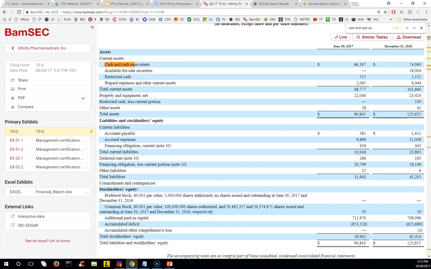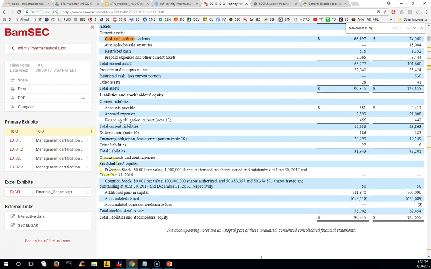And I also look at stockholders' equity. The reason this is important is that there are many different requirements that stocks have to maintain in order to keep their listing on their given exchange. We can go into that later in the in-depth research overview, but believe me, there are many different things that companies have to maintain to remain listed on their current exchange.